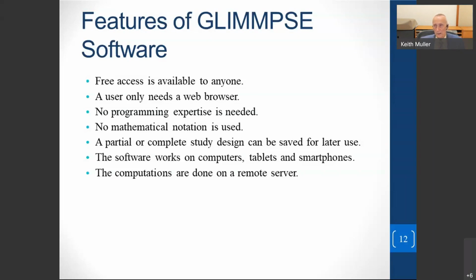This allows you to work in an interrupted fashion. It allows you to change your mind. It also allows you to create reproducibility of your science by storing the file to document what commands you gave the software so that you can reproduce that power analysis at a later time. All of the computations are done on a remote server.